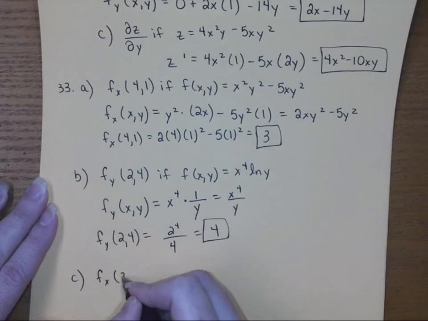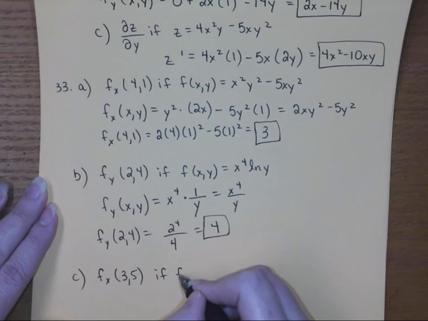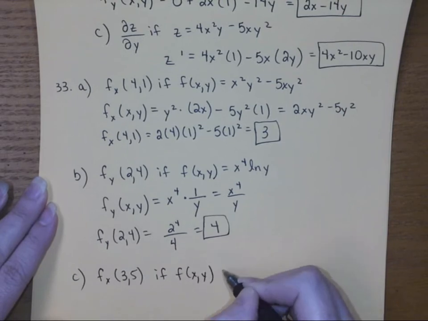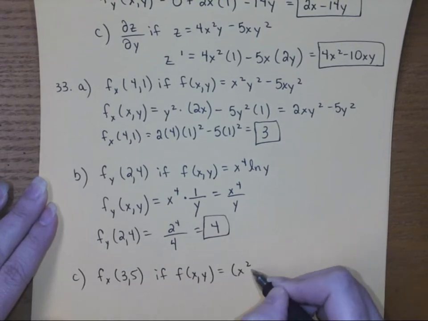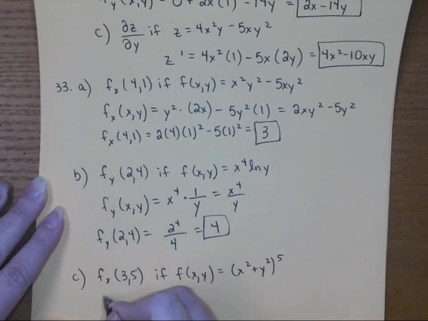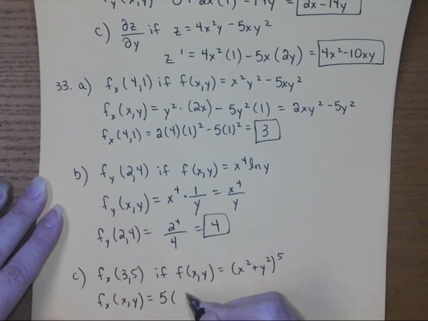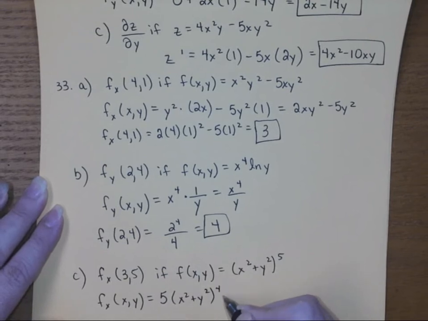All right, so one more derivative with respect to x. This one requires chain rule. So if I want the derivative with respect to x, I would do outside. So it's 5, move the power to the front, keep the inside the same, and then reduce the power by 1.